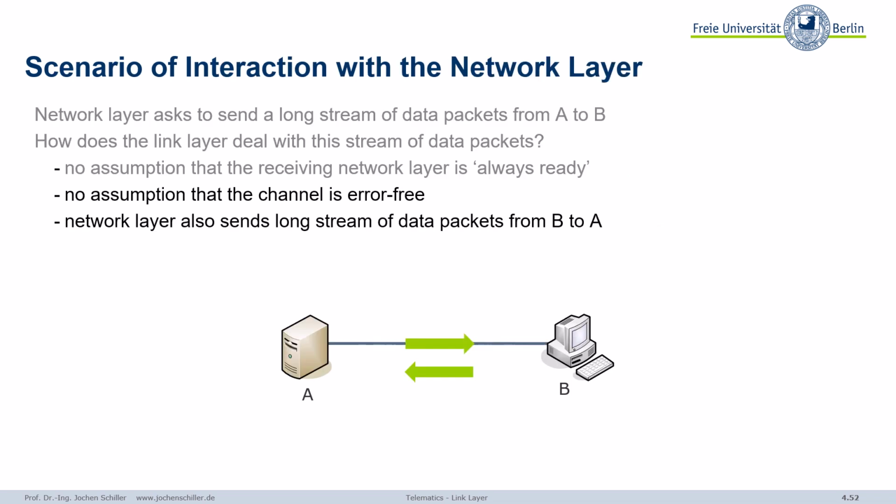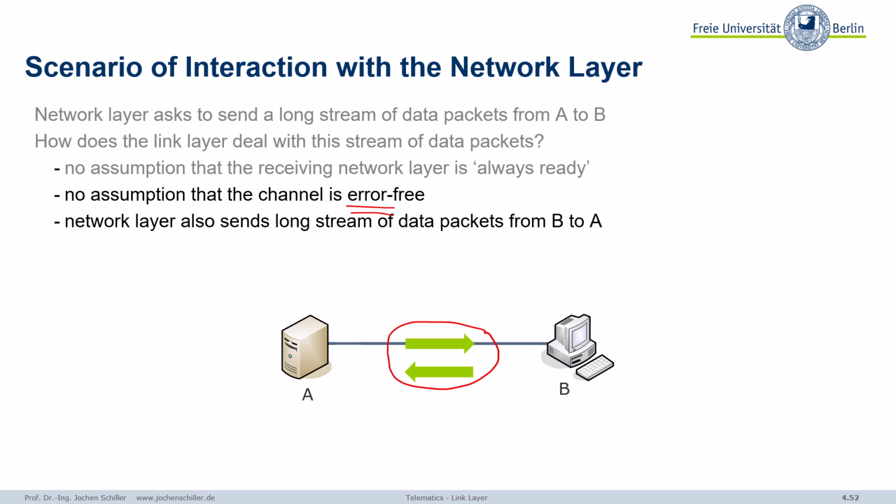Okay, what happens if not only A sends data to B, but also B sends some data to A? So we want to send data in both directions. Plus, the channels may have errors. So both directions, full duplex, plus errors.